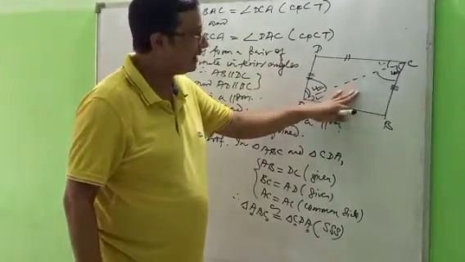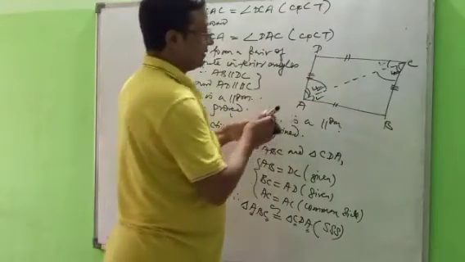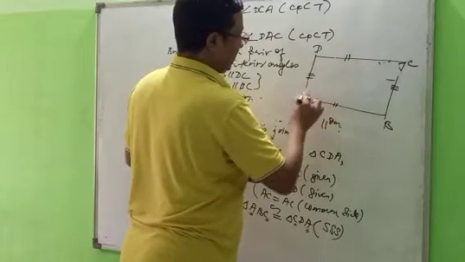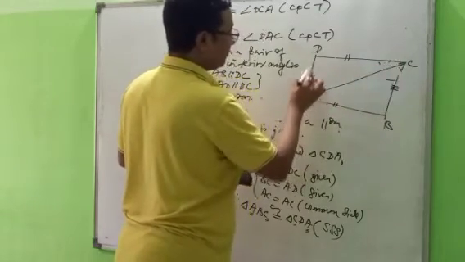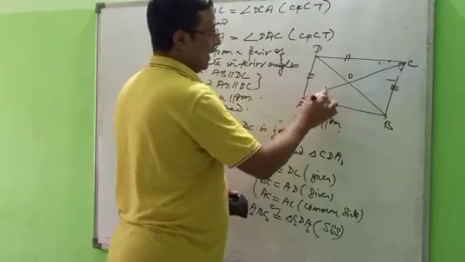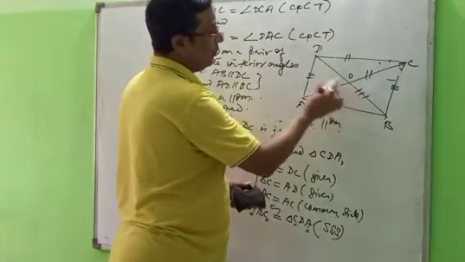And the last one is if both the diagonals bisect. Supposing you took this one, say you have joined these two, and then you have proved that AO equals CO, and BO equals DO.